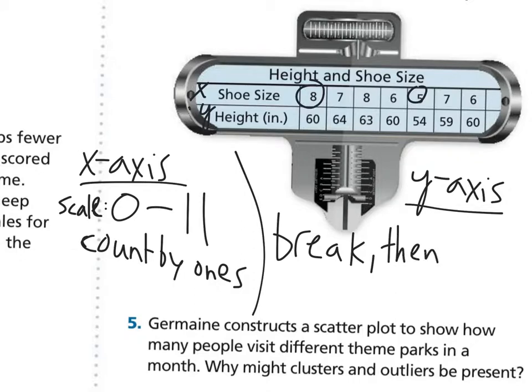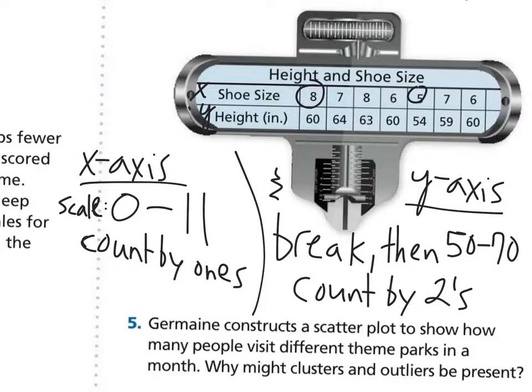Remember, a break is a little squiggly thing that means we're skipping over some stuff. So technically you put 0, but then a squiggly line skips over, and then maybe we could go from 50 to 70 for the Y-axis, and then maybe we could count by 2s.